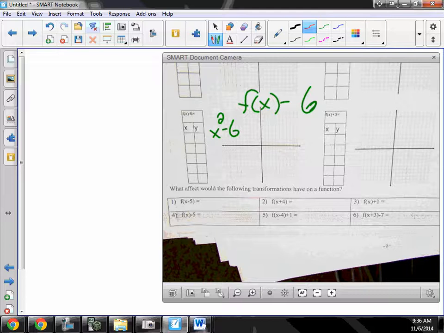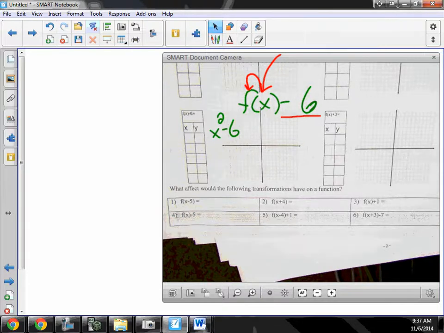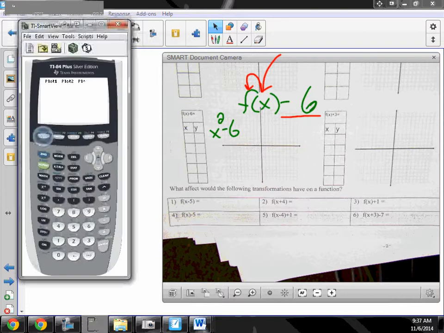So this is just a set of instructions that says, take your x values, plug them into the function, and the function is x squared, so we're going to take our x values and square them. Once I've calculated that, then I'm going to subtract 6 off of whatever that answer is. So in my calculator, this would be x squared minus 6. Push graph.